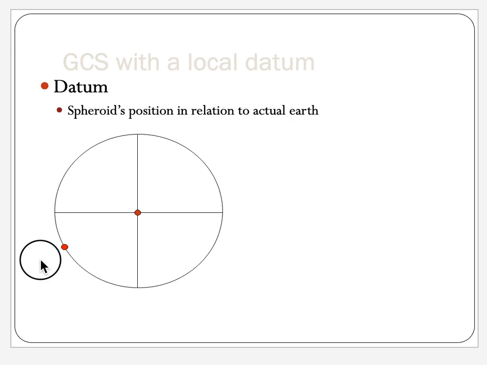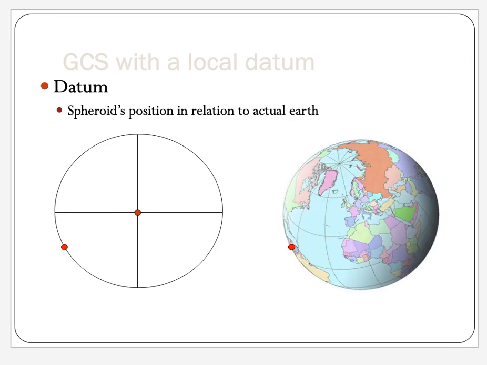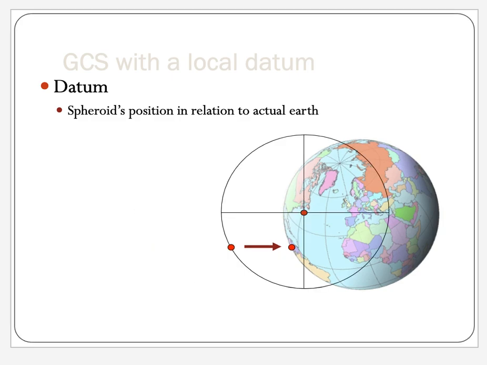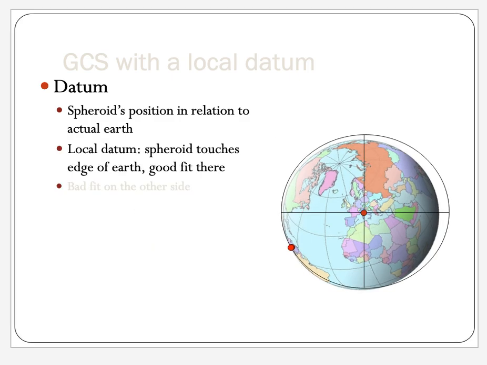Here we have the spheroid's position in relation to actual Earth. And we could see that this datum will be accurate to the point where it touches the edge of the Earth.